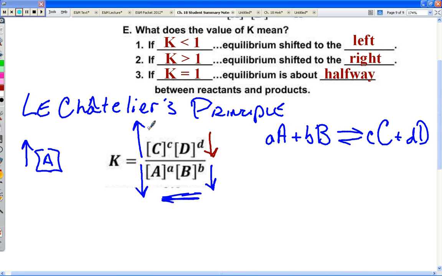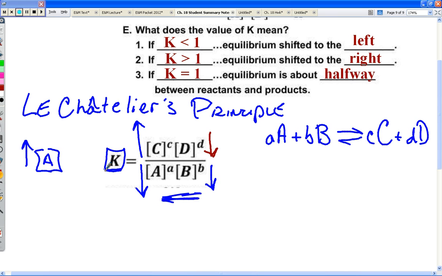All of Le Chatelier's principle is wrapped up in this idea that all of the concentrations in your equilibrium are trying to maintain a constant K for the equilibrium.